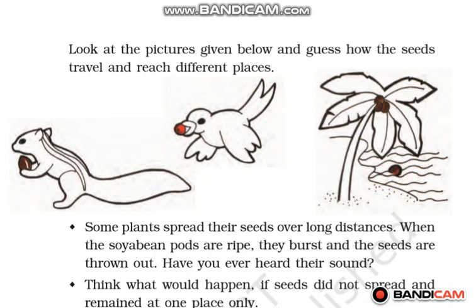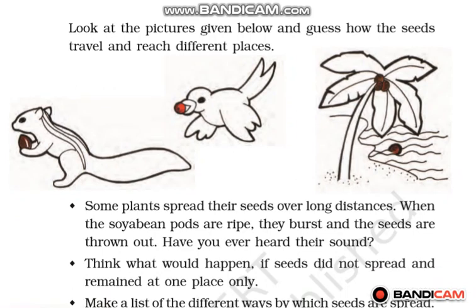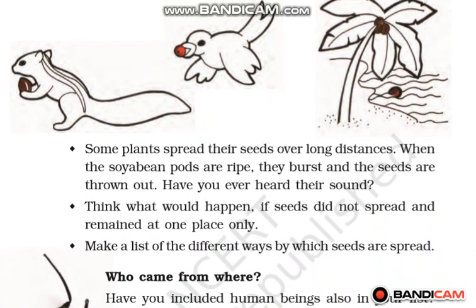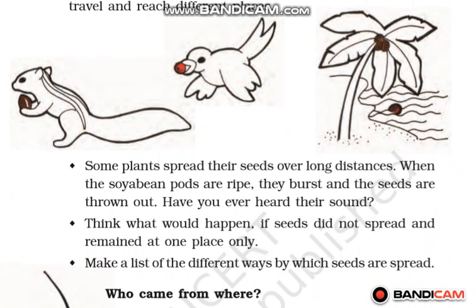We were talking about dispersal of seeds, and I have told you that it takes place by 3 methods. One is with the help of animals, with the help of air, and with the help of water. So look at the pictures given below and guess how seeds travel and reach different places. Some plants spread their seeds over long distances. When the soybean pods are ripe, they burst and the seeds are thrown out.